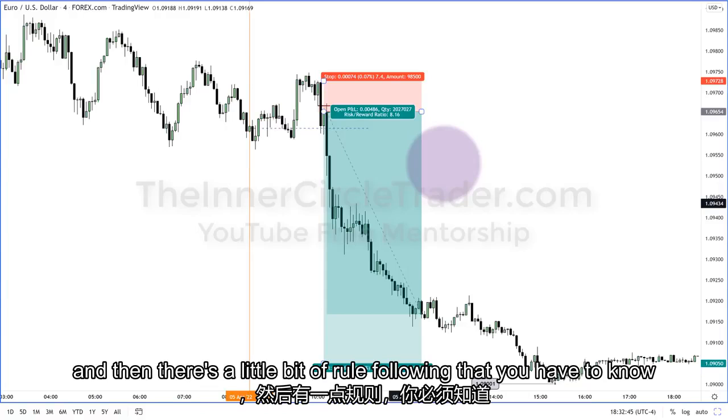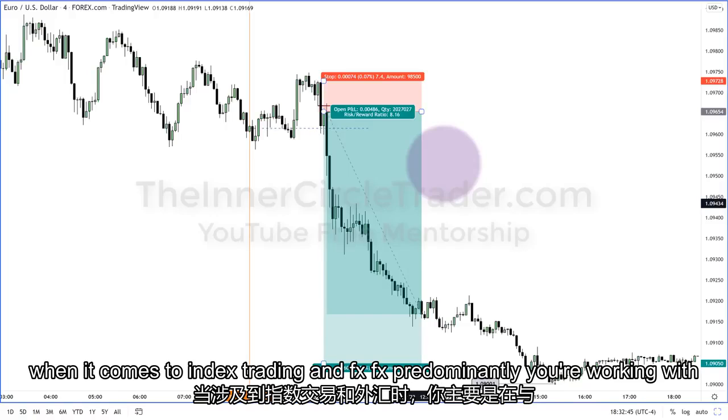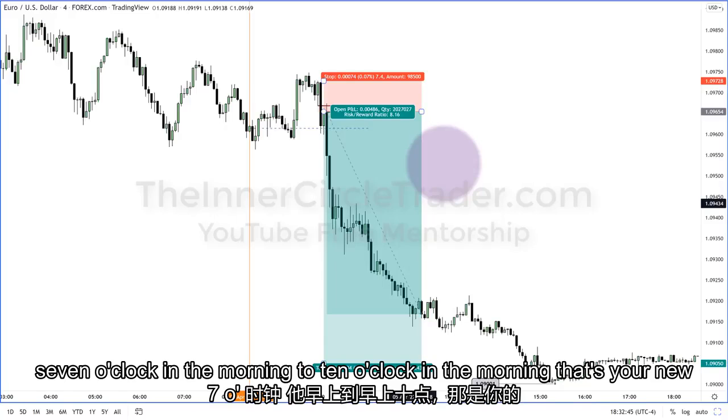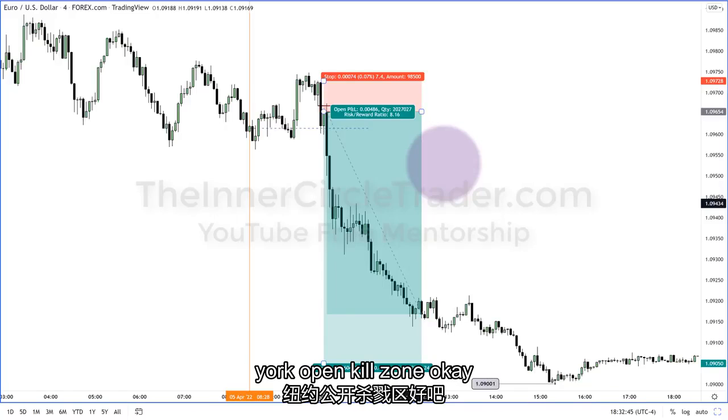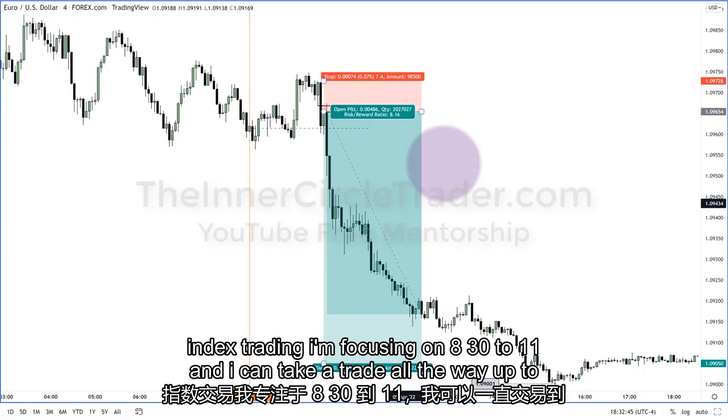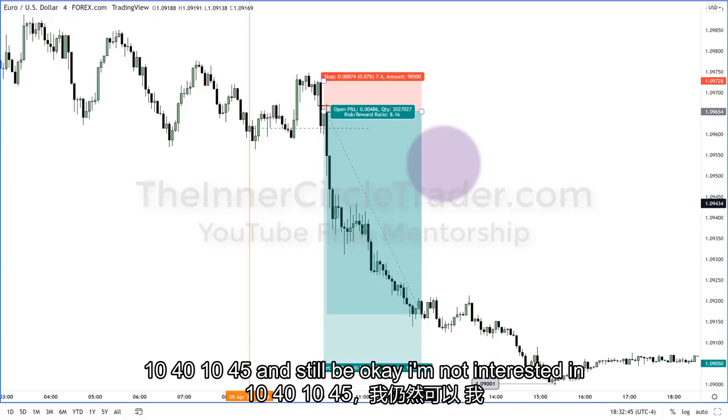And then there's a little bit of rule following that you have to know when it comes to index trading and FX. FX, predominantly, you're working with 7 o'clock in the morning to 10 o'clock in the morning. That's your New York open kill zone. Okay. Index trading, I'm focusing on 8:30 to 11. And I can take a trade all the way up to 10:40, 10:45 and still be okay.